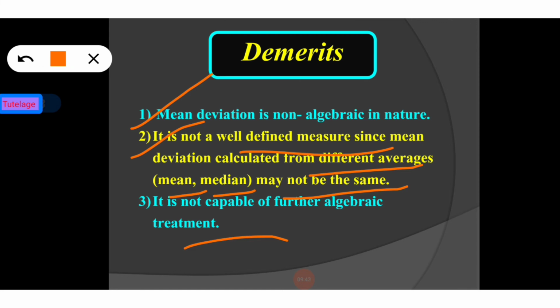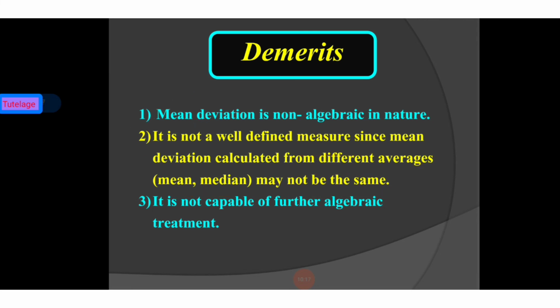So this is not a well defined measure of dispersion, because we calculate mean deviation from the mean or median. So that's why this is one of the disadvantages of the mean deviation. I think this is clear.